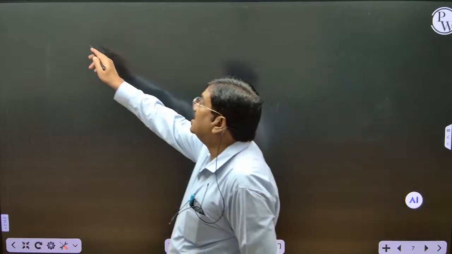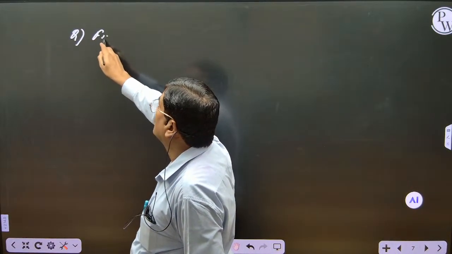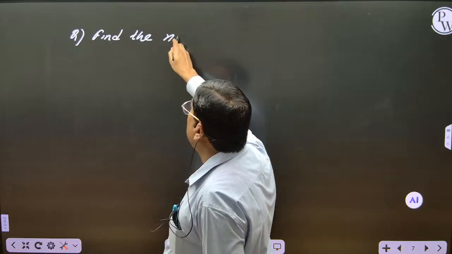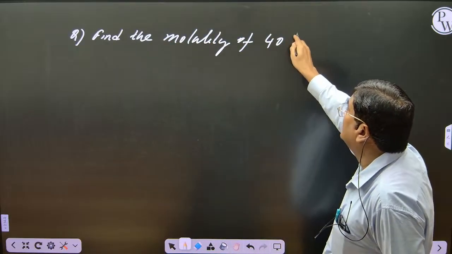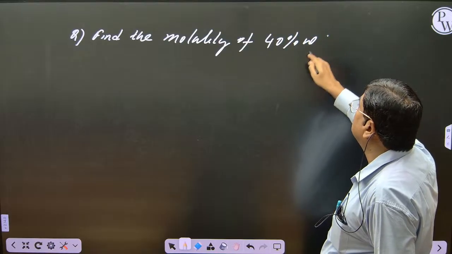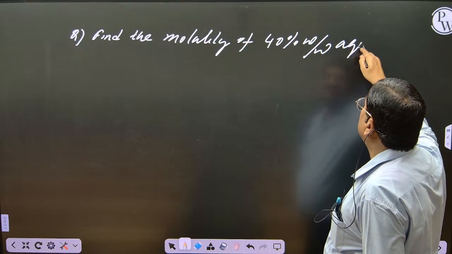Find the molality of 40% W by W aqueous NaOH solution.